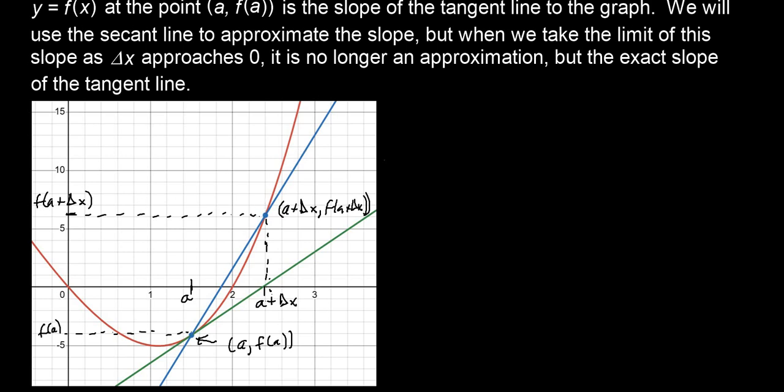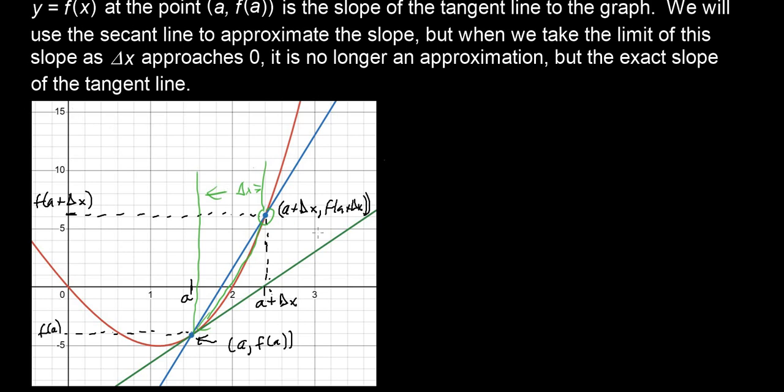And again, I'm going to mark on our graph that the horizontal distance between those two points is a plus delta x minus a, which is just delta x, which is why taking the limit as delta x goes to 0 would bring this second point closer and closer to that first point. And that's why we can say that that limit gives us the slope of the graph.